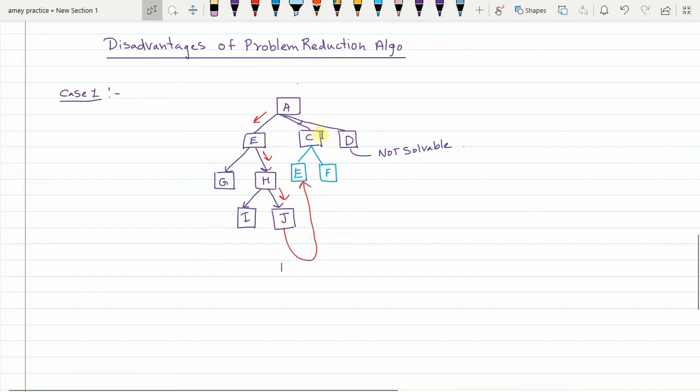And if the arc is not solvable, you will not be able to expand through this particular arc. That means you will not be able to expand C as well as D. If one of these sub goals is not solvable, then this entire arc is not solvable, so you cannot expand from this arc.